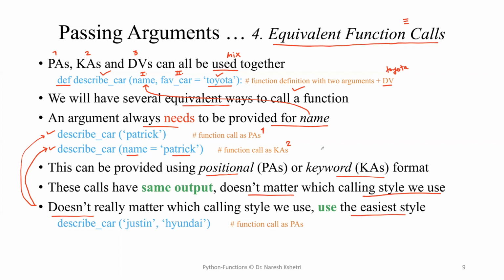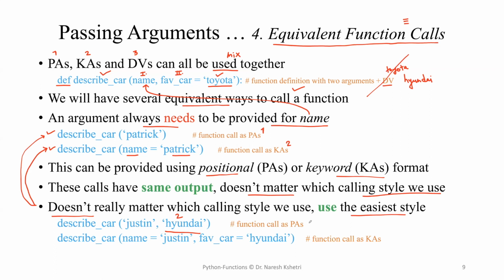And when we do something like this, if we provide our second argument, that means Hyundai, that will obviously replace the Toyota, and in this case the default value is not used. The value we use is the one provided as the second parameter. In the same way, if we want to provide both values, then we can provide the name as Justin and favorite car as Hyundai, as part of the keyword arguments, or the second way, this one without the keyword.